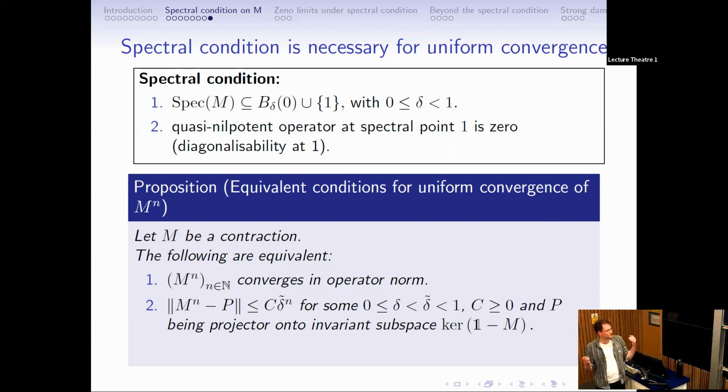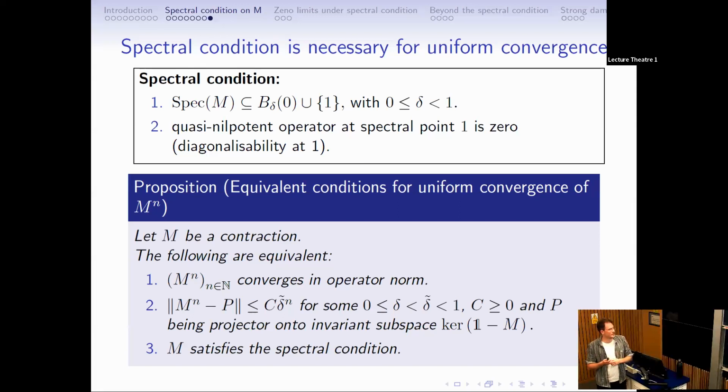The first point is also equivalent to the spectral condition being satisfied, and we saw earlier in the derivation motivating the spectral condition that we actually get this exponential convergence. So those three points are all equivalent, and they fully characterize convergence in operator norm.